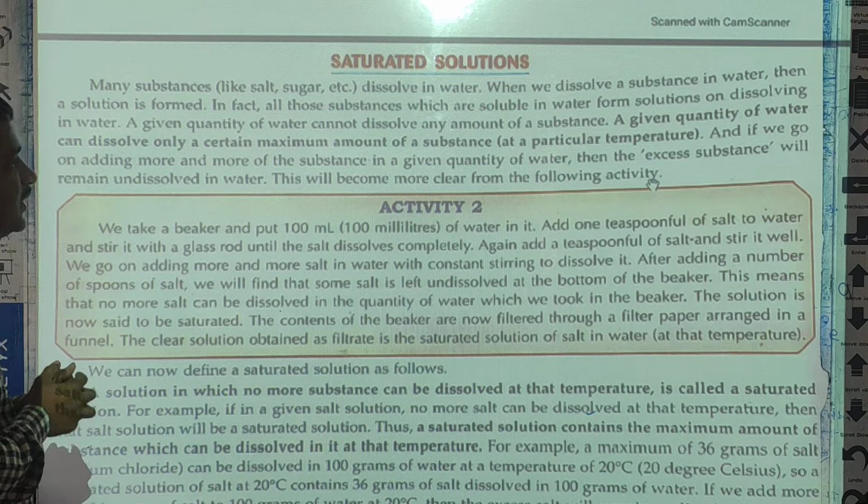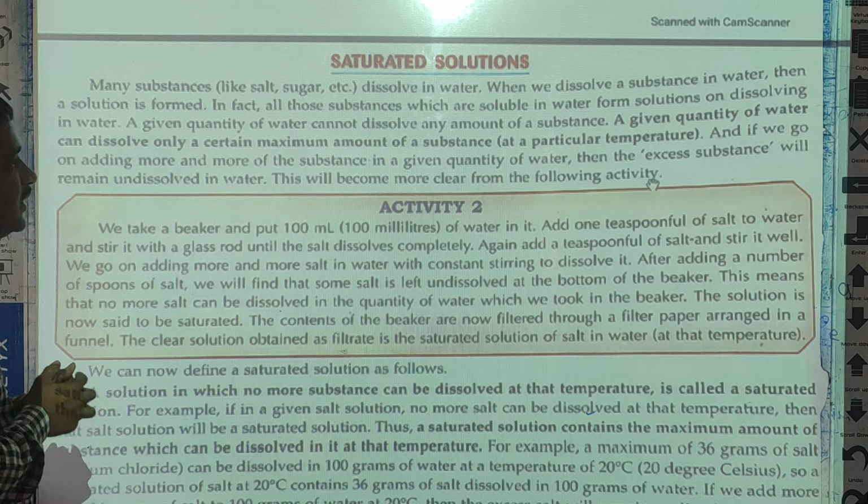Second thing, the solubility of substances in water decreases on decreasing or lowering the temperature.